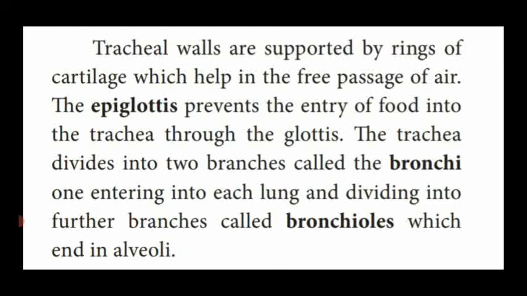In the previous paragraph, we saw that the air passes through the external nostrils and nasal passage, then the pharynx, then to the glottis and into the windpipe, isn't it? So the windpipe is otherwise named what? Trachea. The tracheal wall is made up of rings of cartilage, which help in the free passage of air.